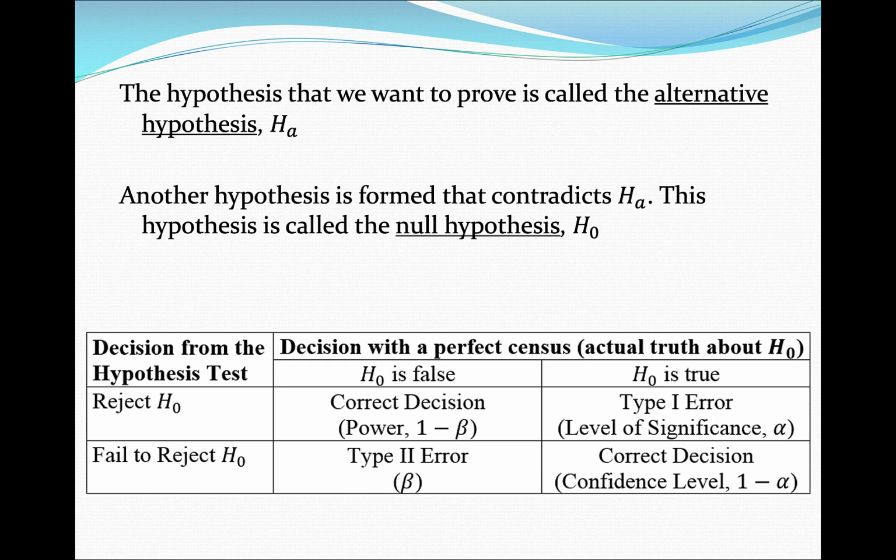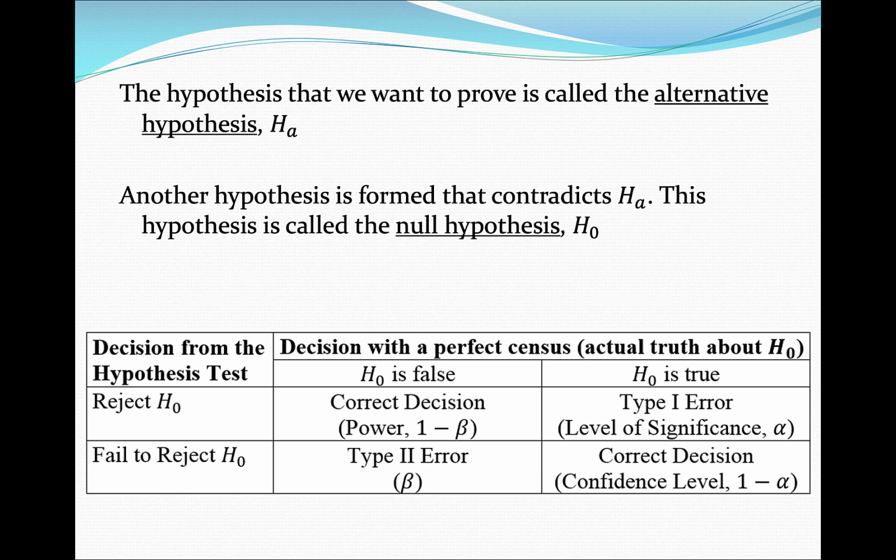And remember, by probability, we know that the probability of equality is 0. So in a hypothesis test, you can never prove H naught. You can never prove equality. Anyway, that first column represents the two outcomes from your test, either reject H naught or fail to reject H naught. That's what those rows represent.